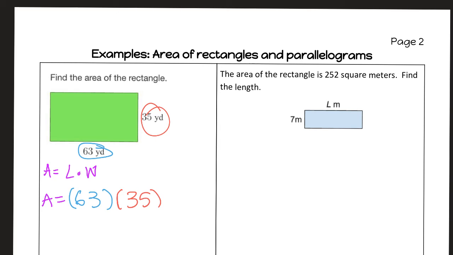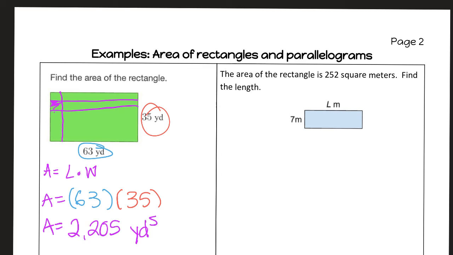Then I just use my calculator to do 63 times 35. And you get 2,205 square yards. So if I put 1 by 1 yards, like yardsticks, right, and I made a grid, it would take 2,205 of these squares to fill in that rectangle.